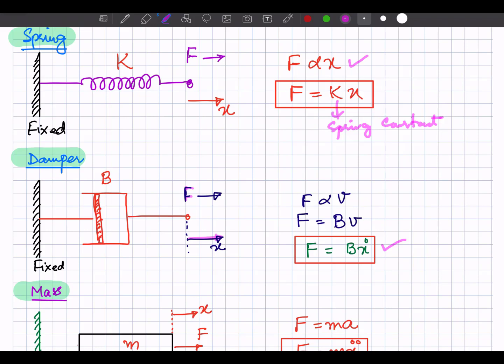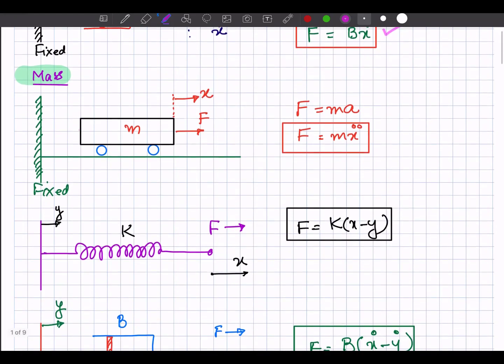So F, that is the force, can be written with the help of this expression, or it can be written in terms of velocity as shown in this equation.